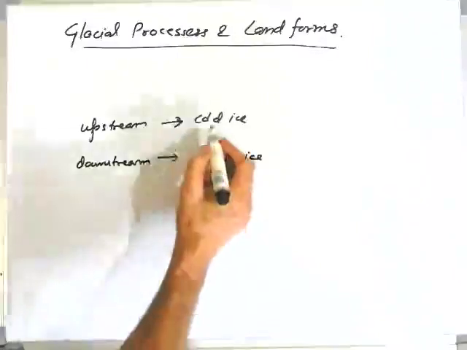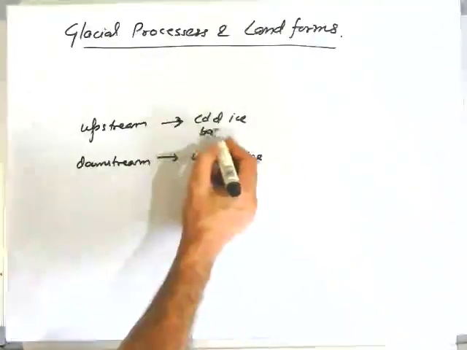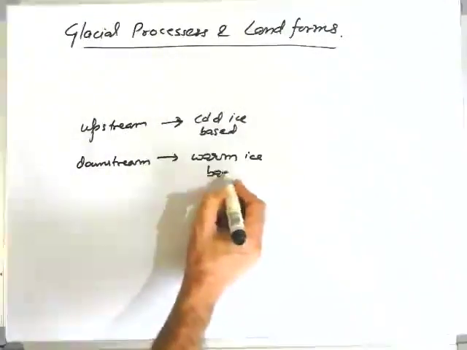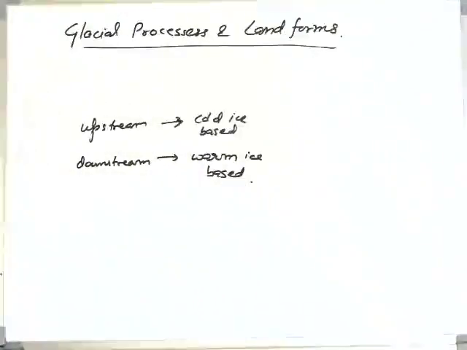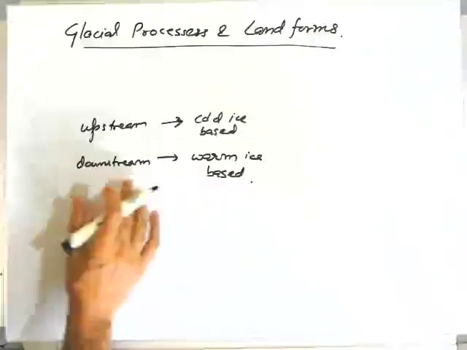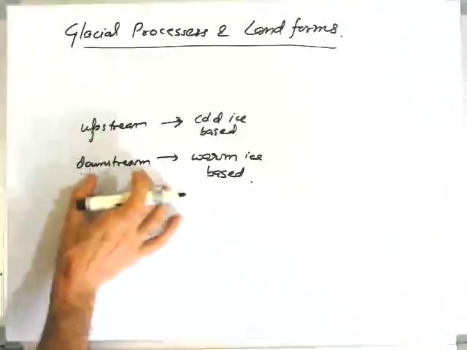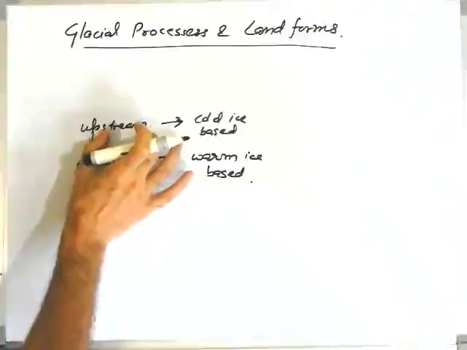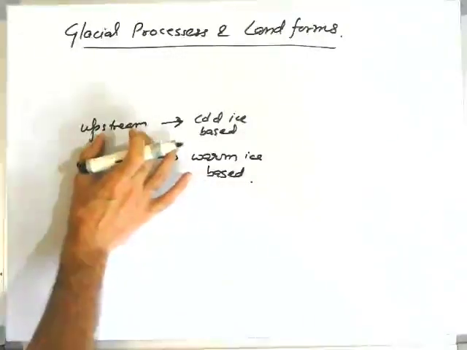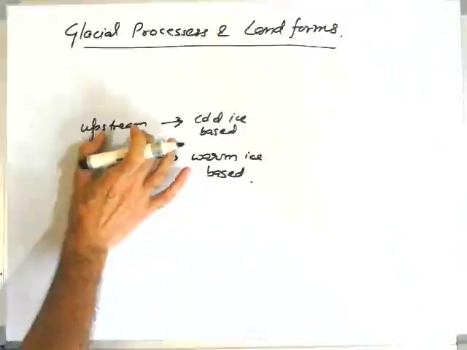So here you have cold based conditions and here you have warm based conditions. Because in the downstream region of a glacier there will be higher temperature as compared to the upstream, because upstream will always be in a region where the temperature is low.